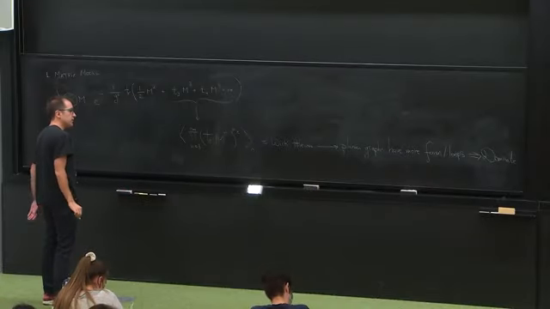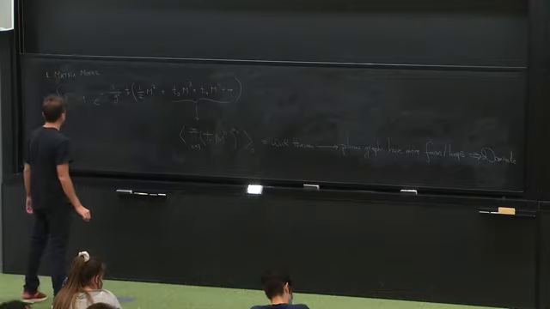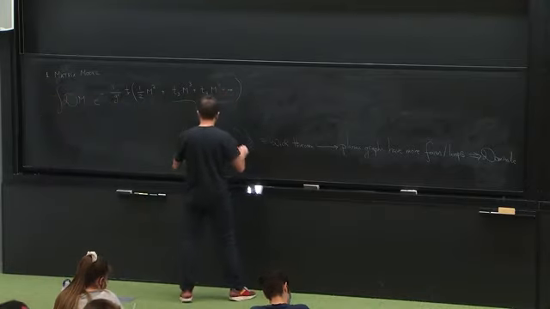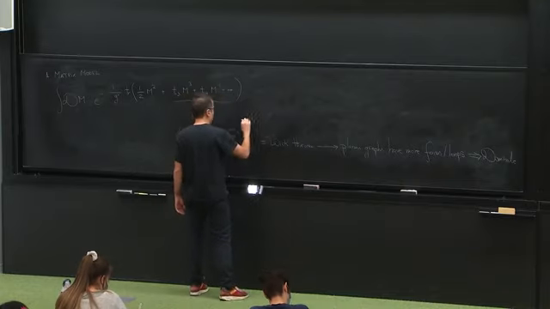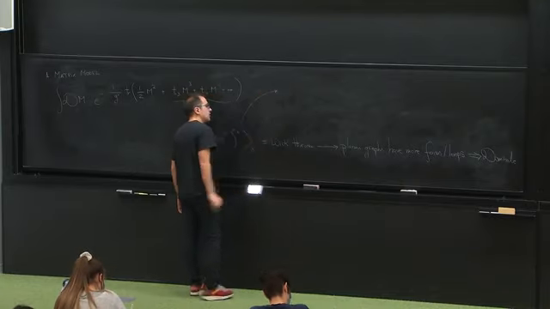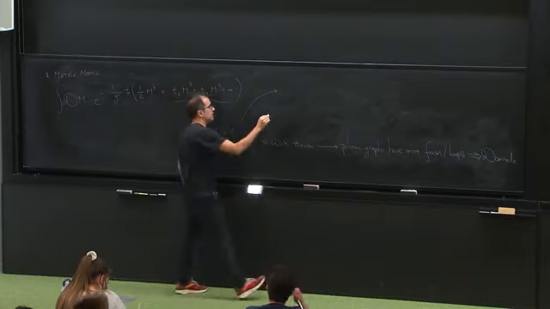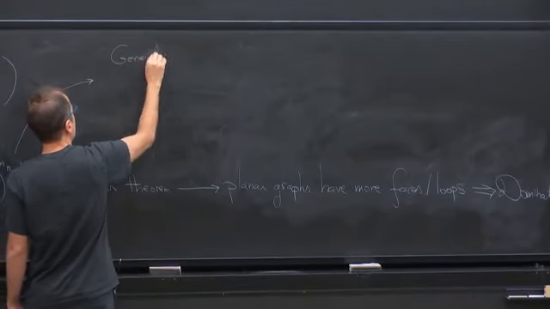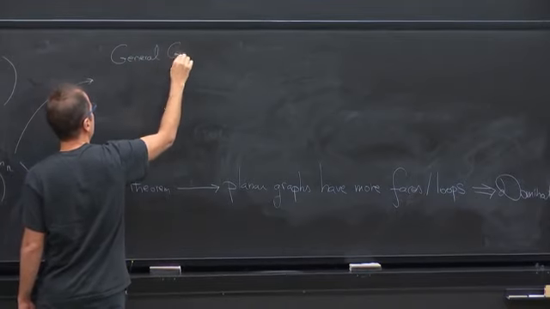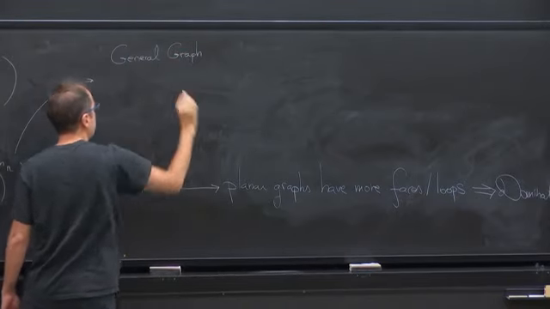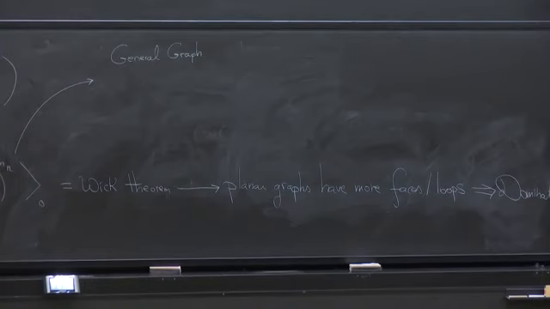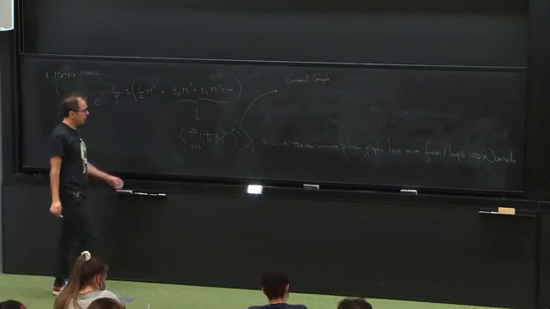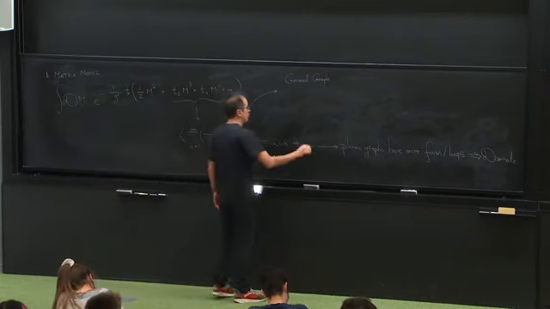Okay, so let's try to see this in general. Let's try to work out the contribution from a given contraction like this. So let's consider now a general diagram, a general graph. Now, for a general graph, what would we have?